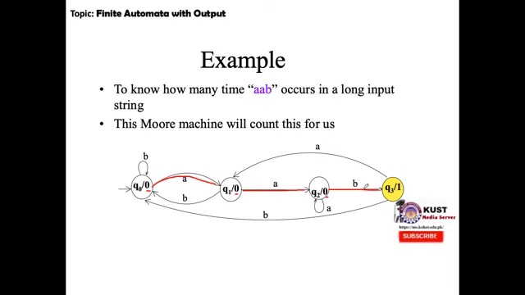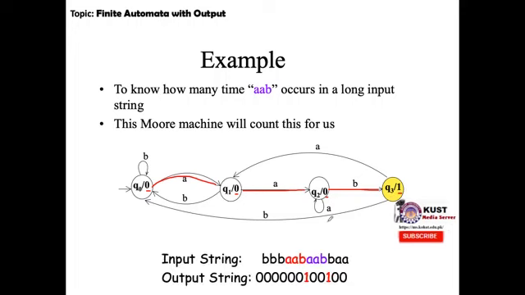But every time we reach this Q3 state, we print a 1. So here is a string: B, B, B, A, A, B, A, A, B, B, A, A. And we want to know how many times AAB occurs in this string.